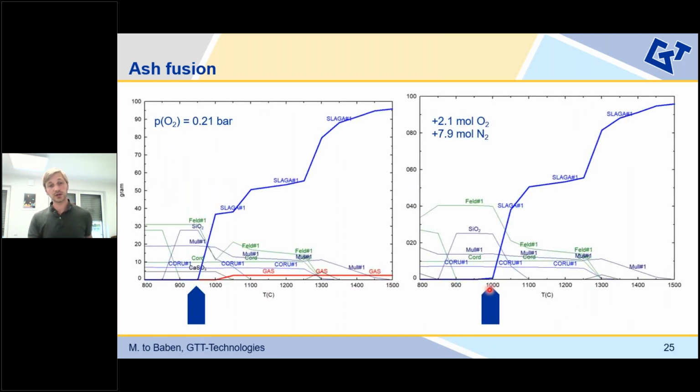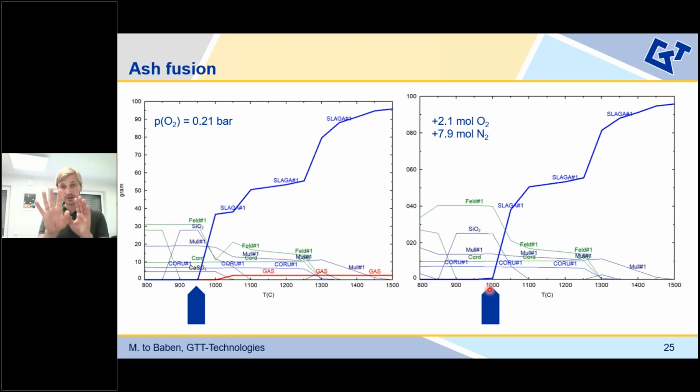Now we can see that this has already shifted the onset temperature for the melting by 50 degrees C, and actually an even better agreement. As a reminder, the softening temperature was around 1200 degrees C, and that is most probably because of minerals not reacting because of reaction kinetics.